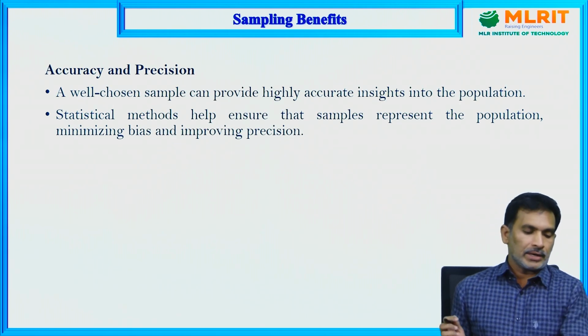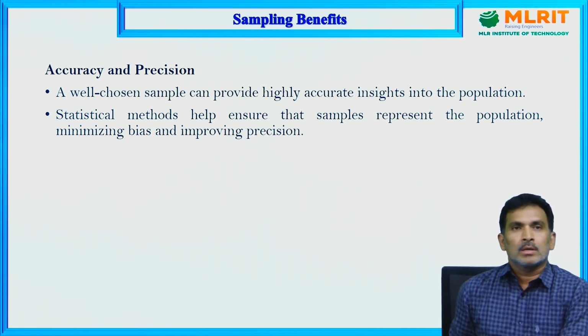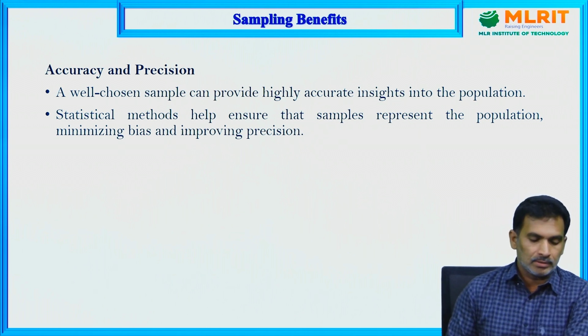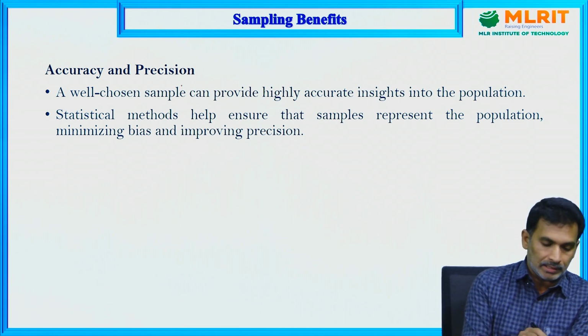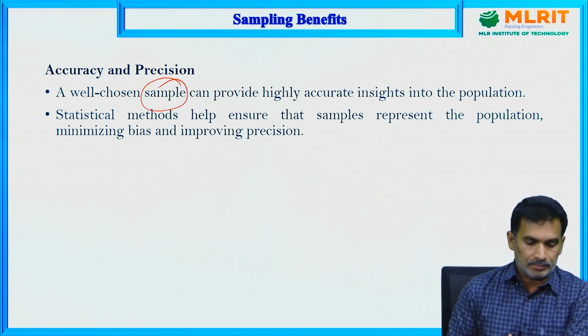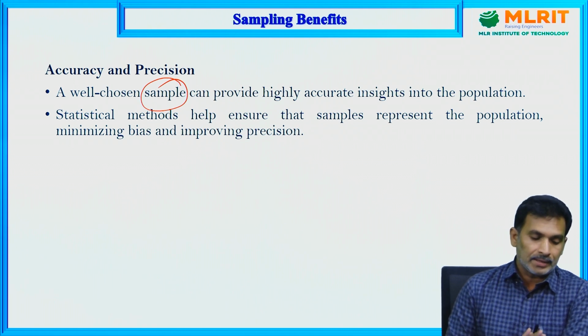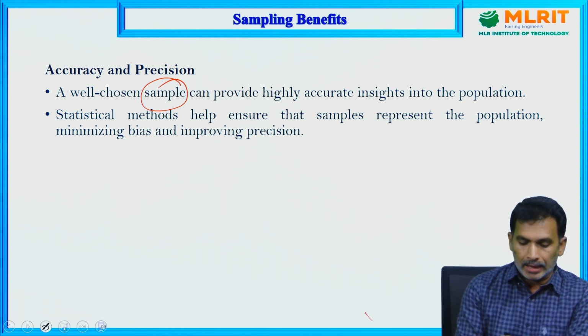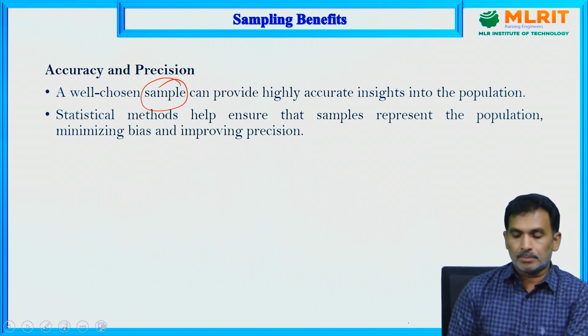Next one is accuracy and precision. A well chosen sample is very important. Whatever sample we select should represent the entire population. Then we could call it an appropriate sample. A well chosen sample can provide highly accurate insights into the population.